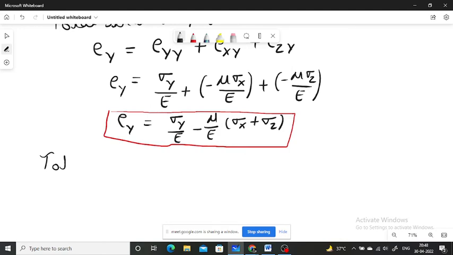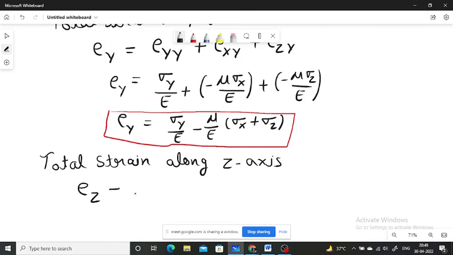Now total strain in z direction. Ez will be equal to Ezz plus Exz plus Eyz.